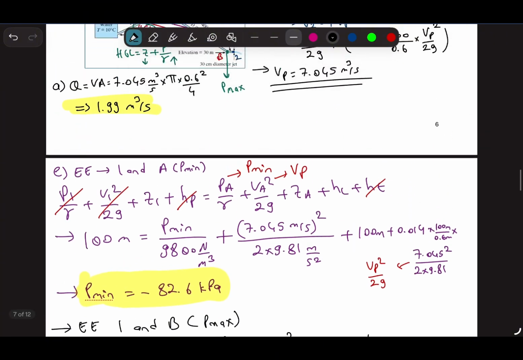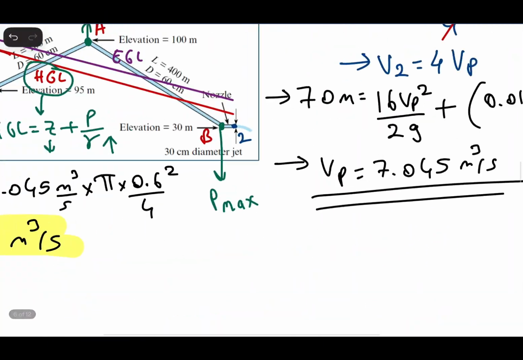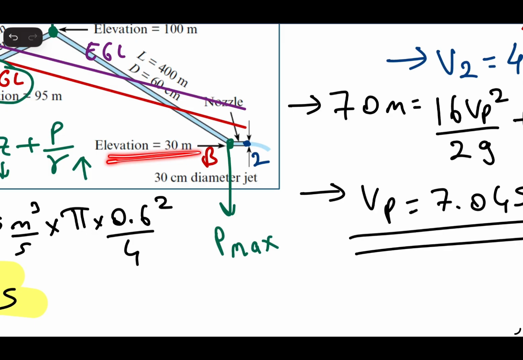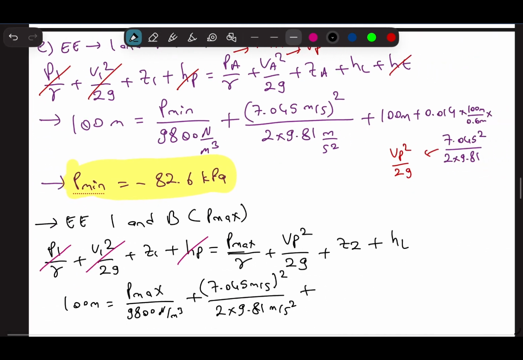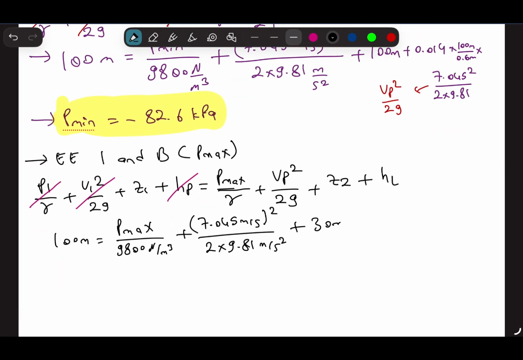The Z2, which is the elevation of that point, is 30 meters. Plus the head loss is 0.014 L over D.